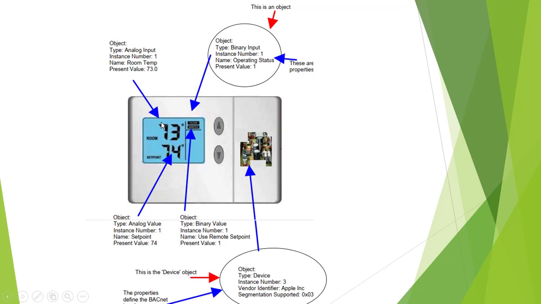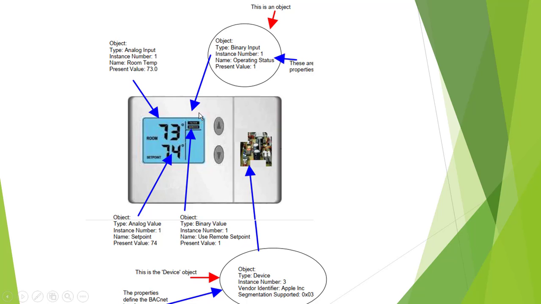It is an analog input object. The temperature property is 73 degrees. This is the set point. This is an analog value object. Its set point is 74 degrees.